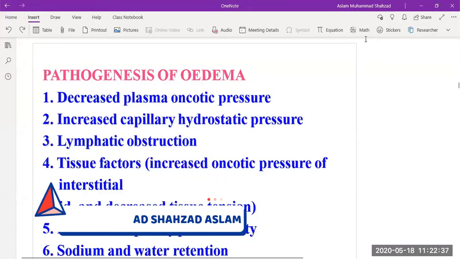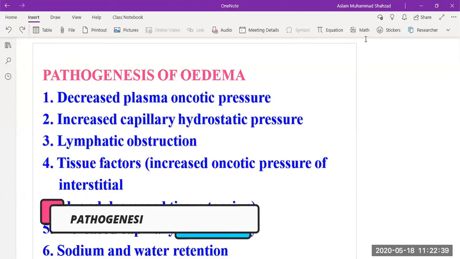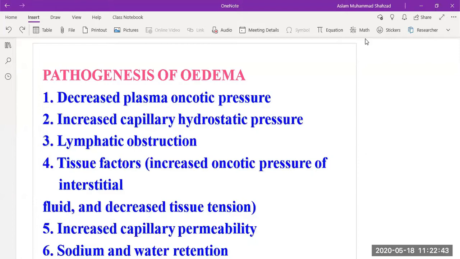Today we are going to discuss the pathogenesis of edema, and there are 6 points that explain the pathogenesis of edema.